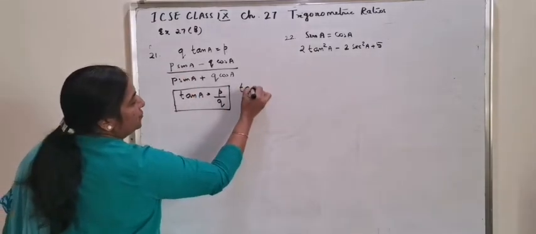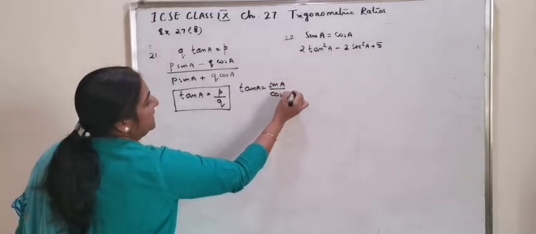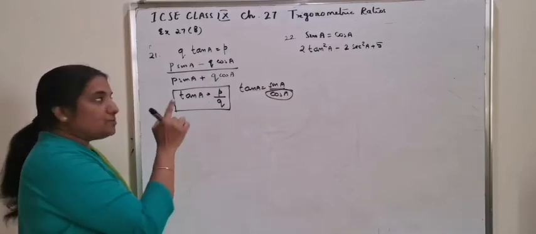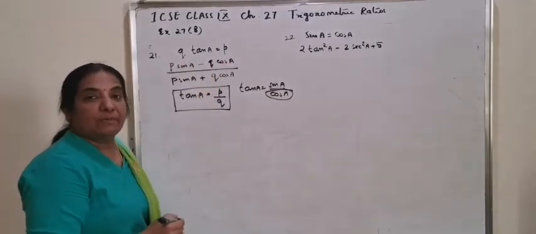tan A ratio is always sin A by cos A. The denominator is cos A. So when you divide all terms with cos A, the workout will be simple.